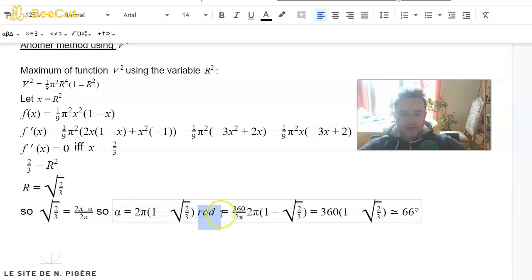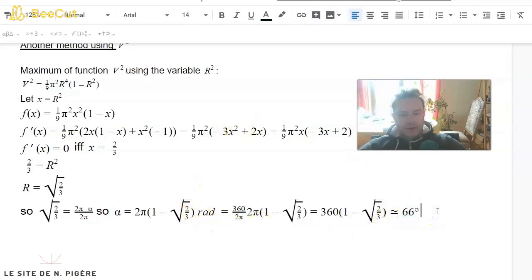This is in radians, and we can convert this into degrees by multiplying by 360 over 2 pi, and then we get alpha is equal to 66 degrees approximately.